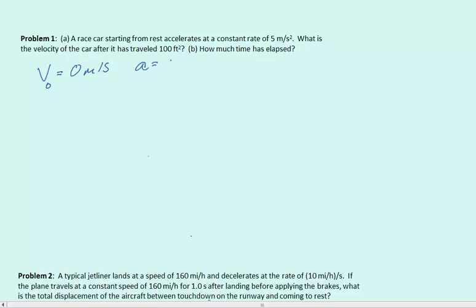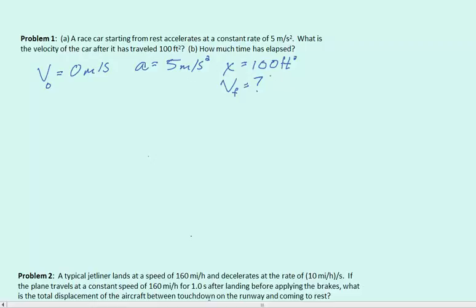So our acceleration is equal to 5 meters per second squared, and it has traveled 100 feet, so our displacement is 100 feet. We're asked to solve for the final velocity of the car, which is unknown.